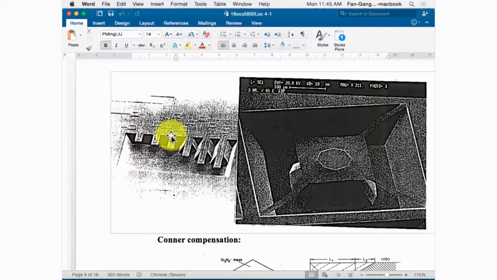So if you put this structure into the etching solution for a longer time, all the material underneath will be taken away for a longer beam, similar to the shorter beam.